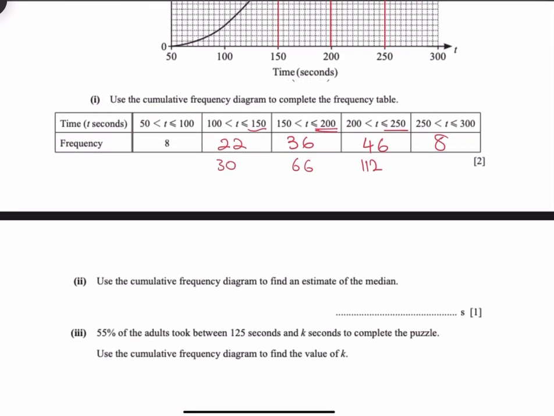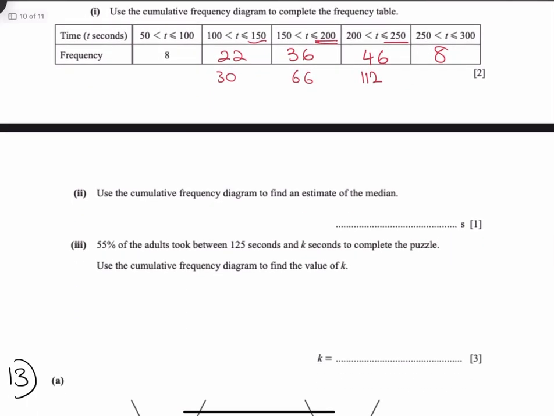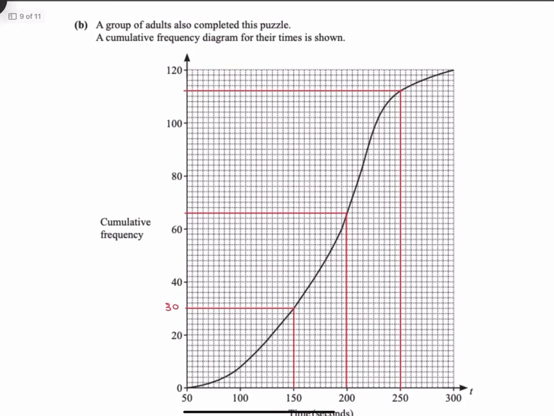Moving on to use the cumulative frequency diagram to find an estimate of the median. So with the median, you take half of the 120, which is 60. Then from 60, you go to your curve, which is here. Okay?